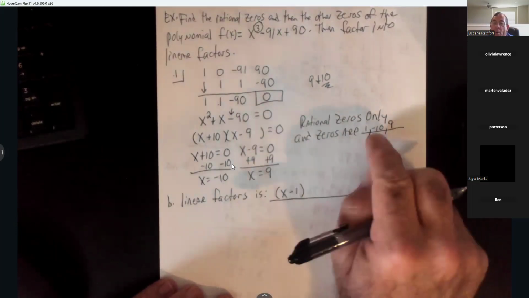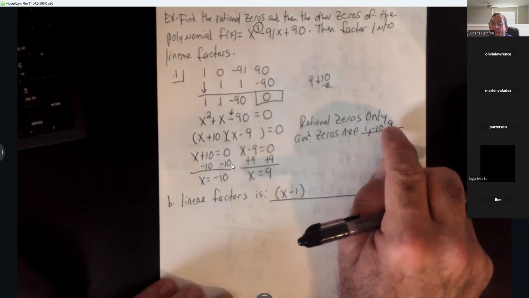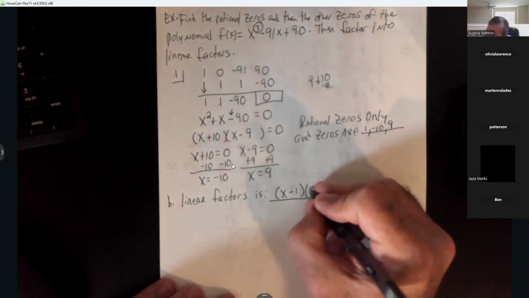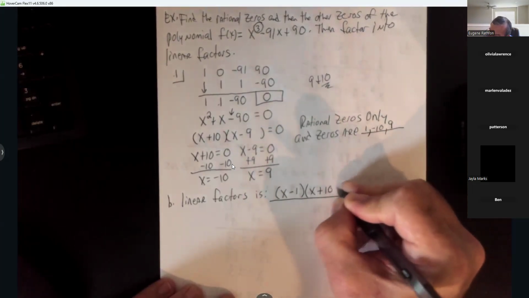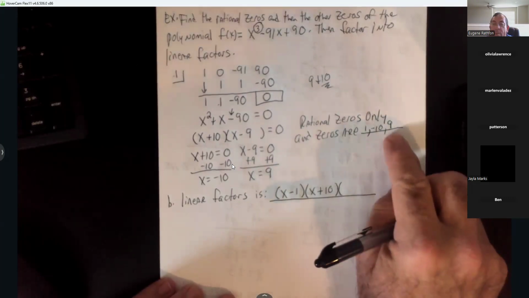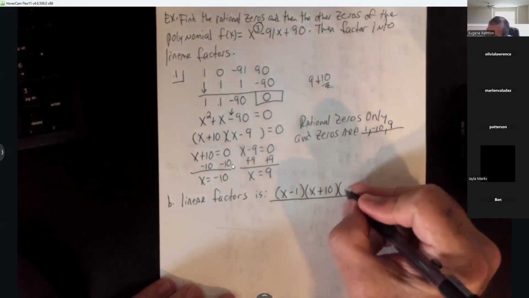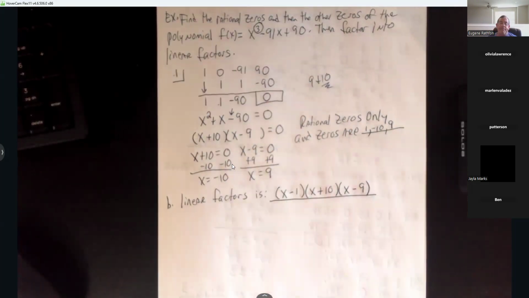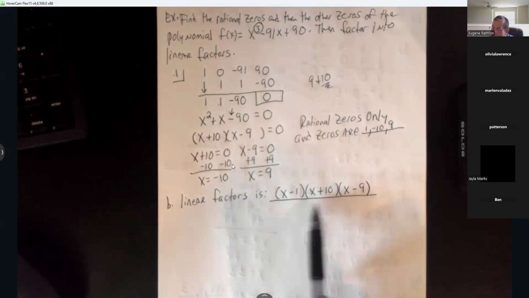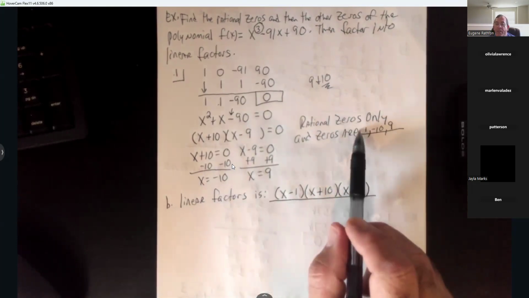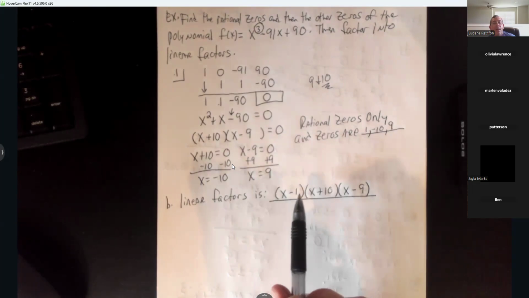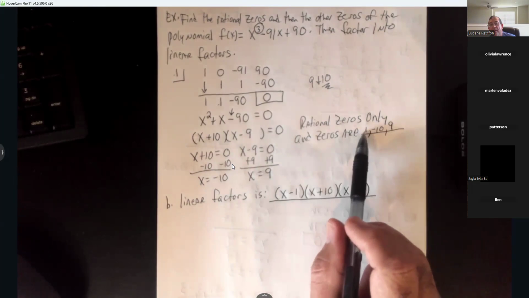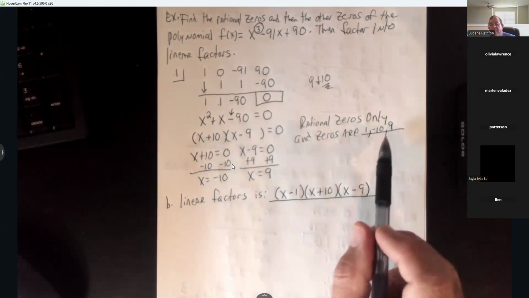Remember, the factors are always opposite signs than the zeros. This one, since it's a negative 10, would be x plus 10. And y'all, the last one, since that's a positive 9, would be x minus 9. And that's all they mean by linear factors. So here's your zeros, here's your factors. They just want y'all to realize that the factors and the zeros are always opposite in sign, okay?